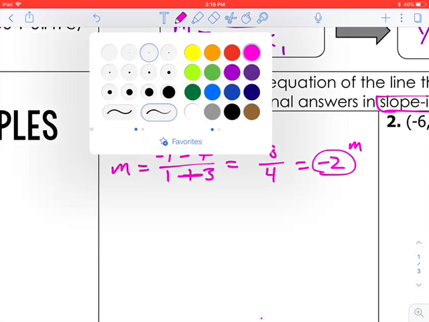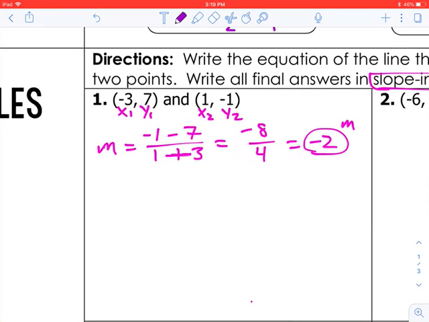All right, so now let's plug everything into our point-slope form. So y minus y1, I'm going to just use this first one. If you want, you can use this one. It doesn't really matter. You're going to end up with the same answer. So y minus 7 equals negative 2 times x minus negative 3, and that becomes plus.